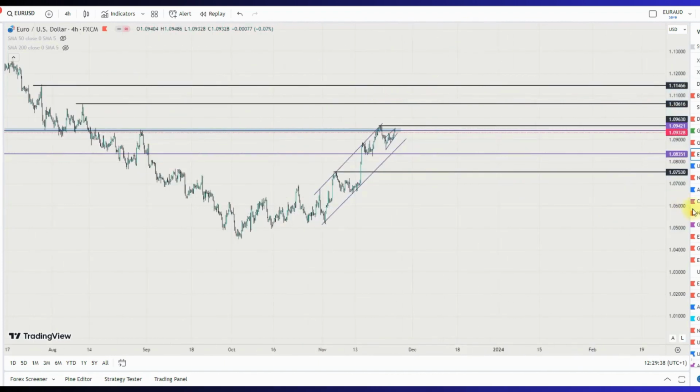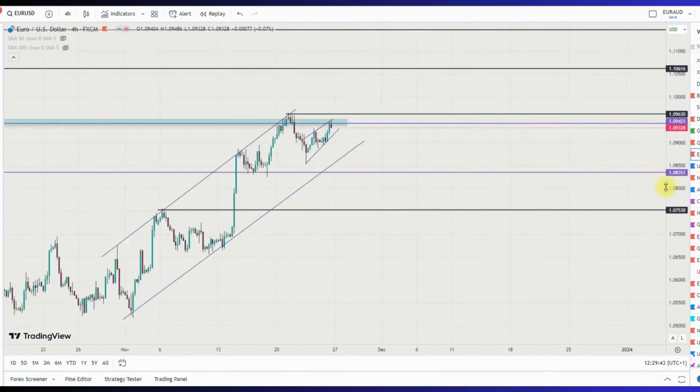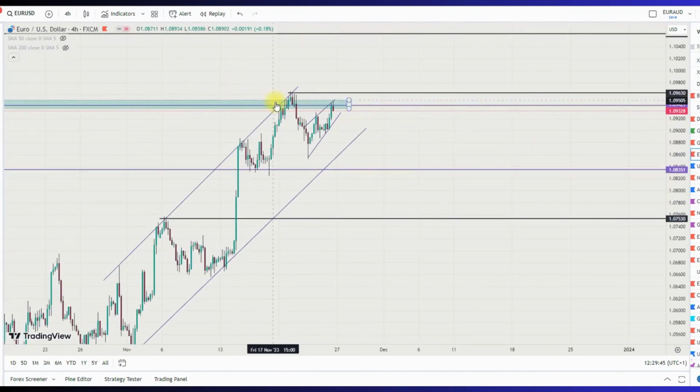My strong bias is to the downside on Euro US dollar, and this is my safe zone right here. If price remains below 1.09630, then I will be shorting Euro USD back to this area, and then probably back to this particular area right there, as you can see.